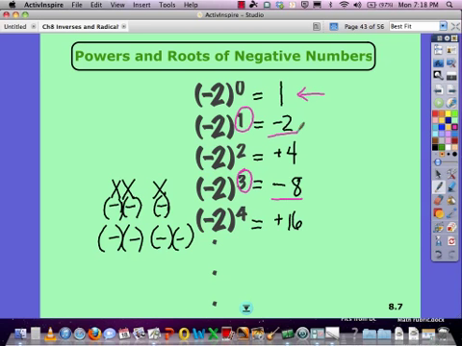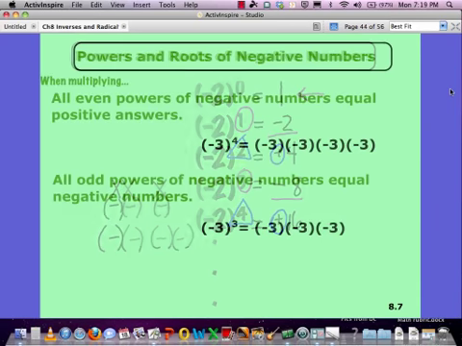If it's an even amount of negatives, 2's even, 4's even, 0 is not considered even, we get a positive result. So if we have an even amount of negatives, it should be positive. If we have an odd amount of negatives, it should be a negative result. Keep those things in mind as we start to simplify powers and roots.